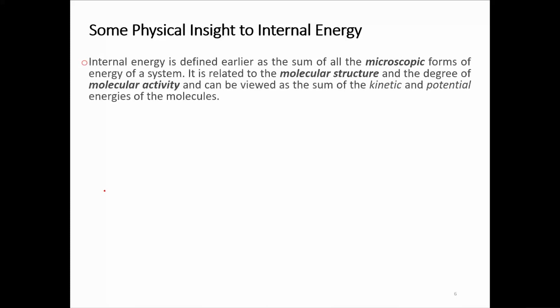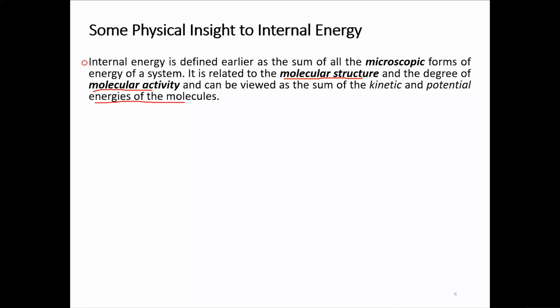The components that are related to the molecular activity, that means the energies of the molecules. One is that component. The other component is the molecular structure, a component of internal energy which deals with the molecular structure. So when you talk about the molecular activities, there are generally three kinds of molecular activities taking place within the system.